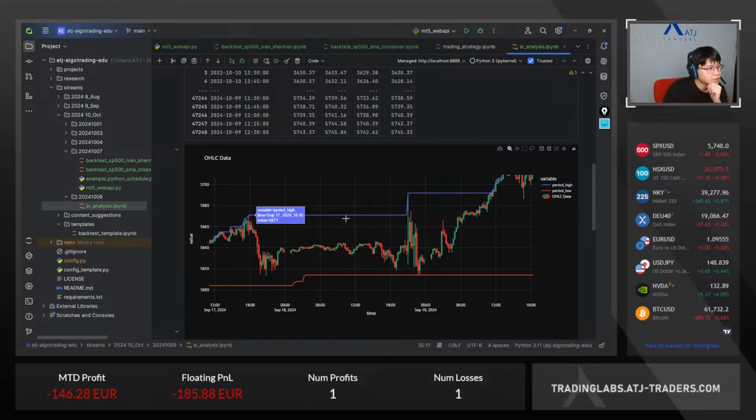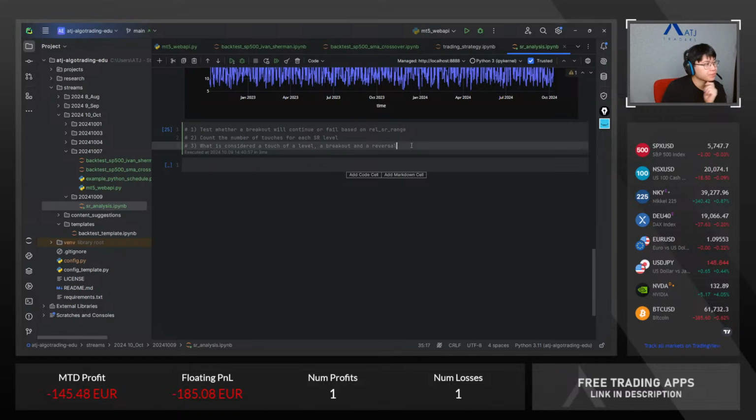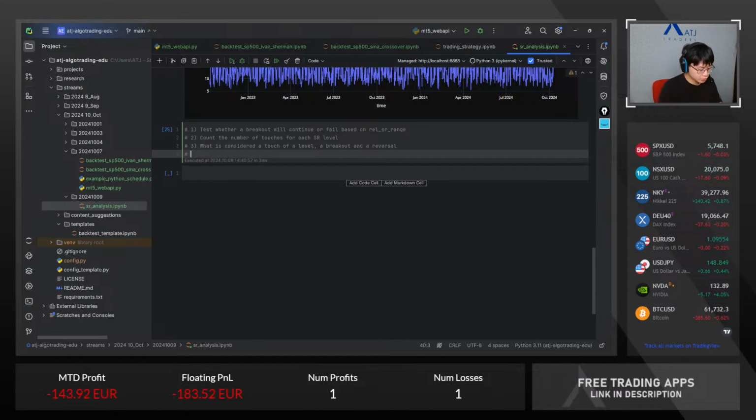And also the question is, when you have a wick like this, the high might also not be valid. So again, I think this is also a good question: should you consider high prices or close prices?